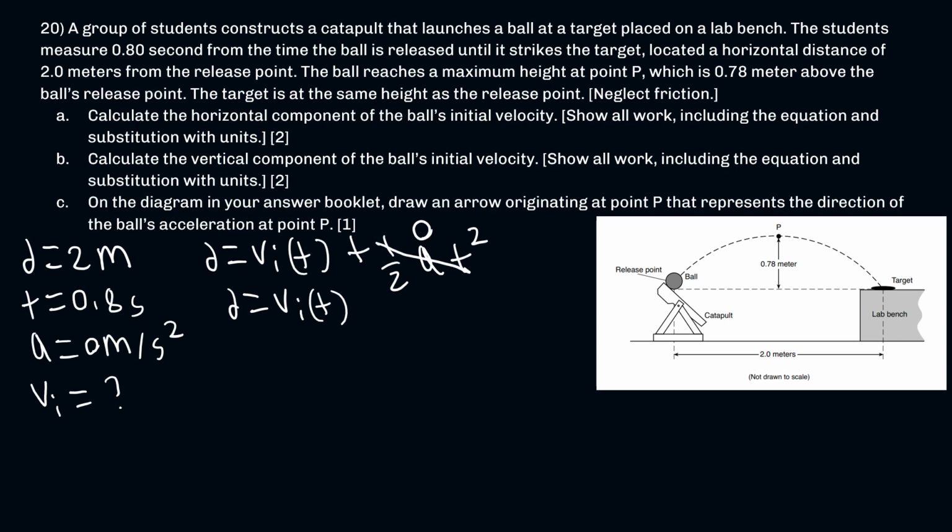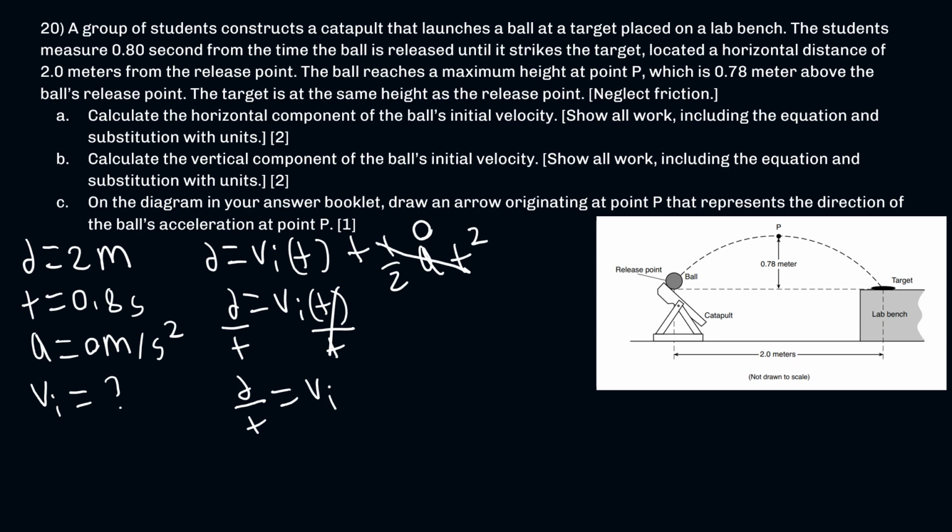Now I want to solve for VI. VI is being multiplied by time, so let's do the opposite, which is dividing it out. Divide out the time from both sides of the equation. So d over t is going to equal my initial velocity, because I have no acceleration.